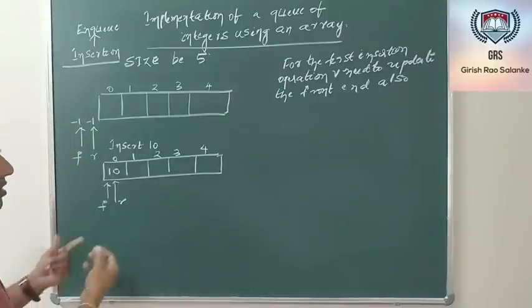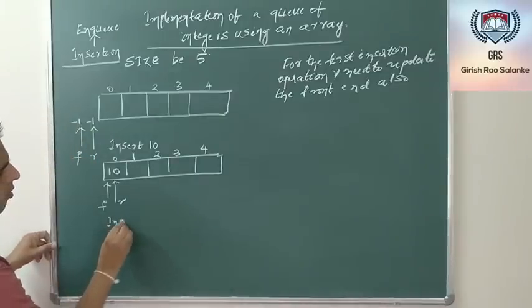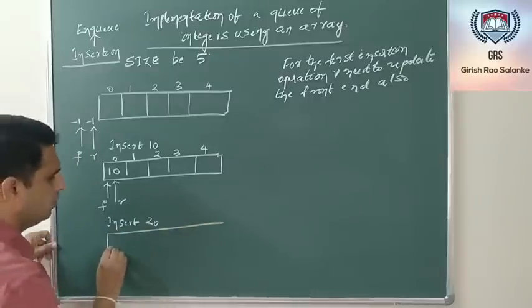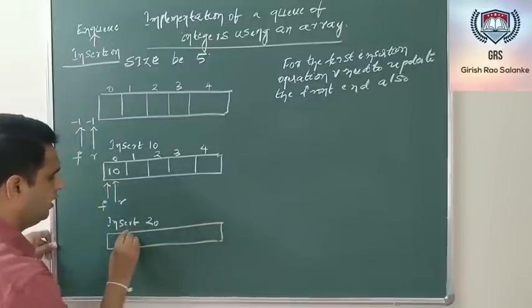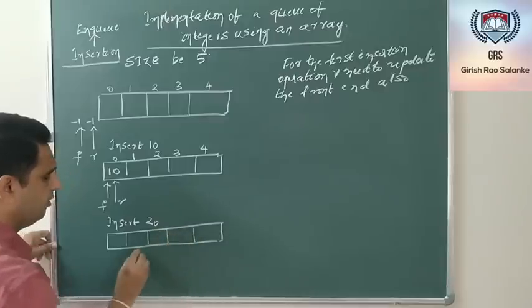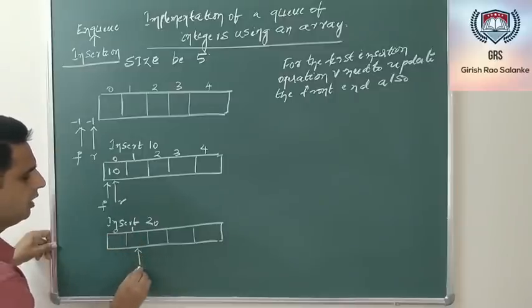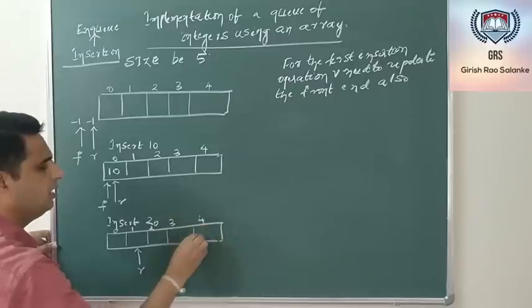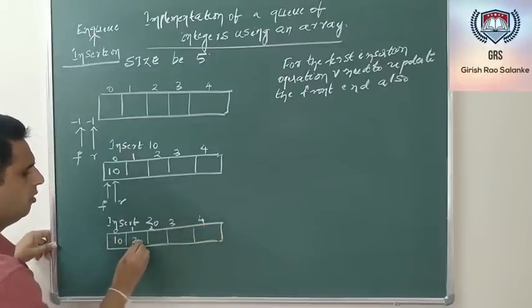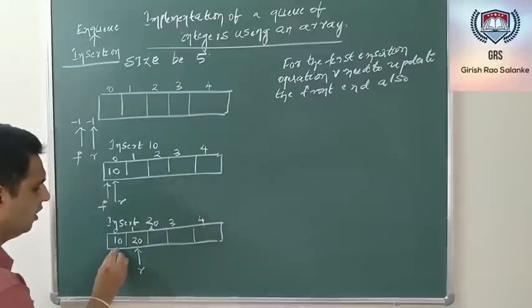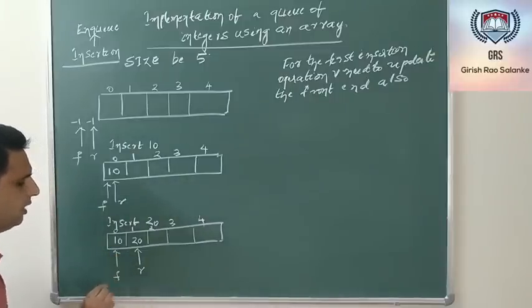Now assume that I want to insert one more element. If I want to insert 20, what are we supposed to do? Just increment the rear end. Rear end, instead of pointing to 0, will now be pointing to 1, and you can assign the item. So in my queue, I will have two elements, 10 and 20. In this case, there is no need to increment the front end.